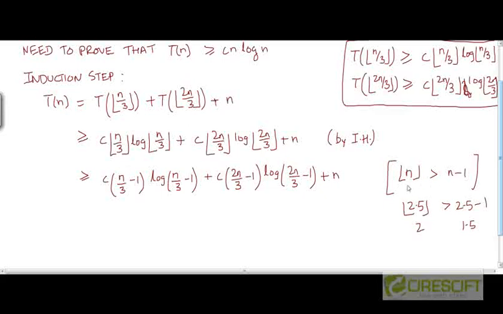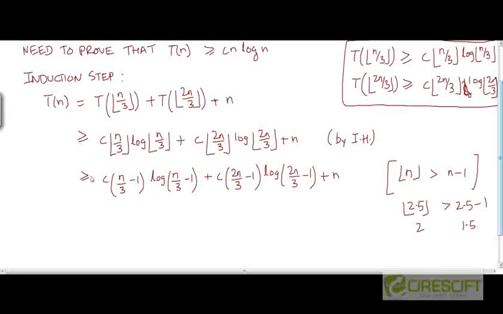Now because this is true, when we replace the floor of n by 3 by n by 3 minus 1, or when we replace the floor of 2n by 3 by 2n by 3 minus 1, we are further decreasing the value of this expression because we are replacing these terms by something smaller than them in general, or at most something equal to them.